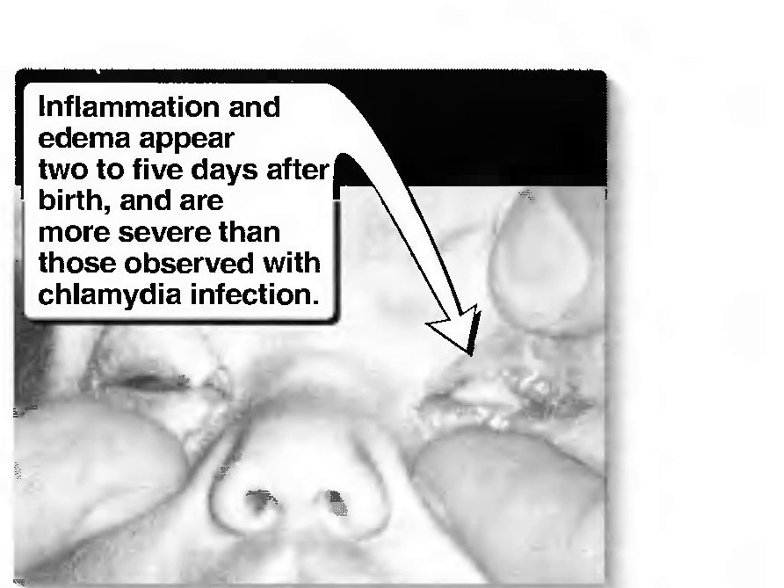A major problem in case of Neisseria gonorrhea is the detection of asymptomatic carriers, particularly in women, and if women are pregnant, this may lead to ophthalmia neonatorum, which is inflammation of the conjunctiva in the newborn, as you can see in this figure.